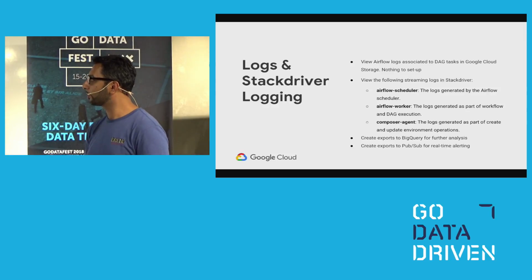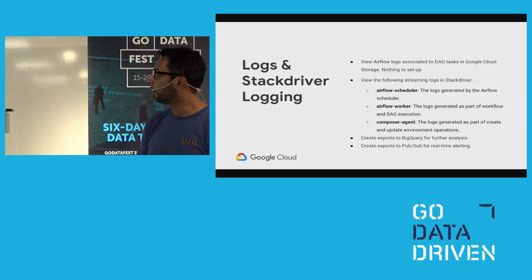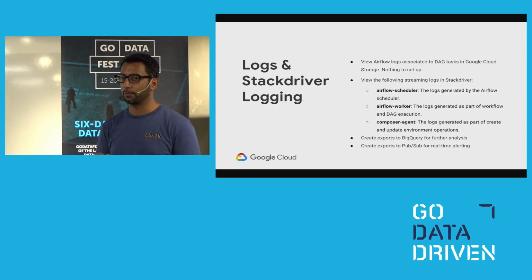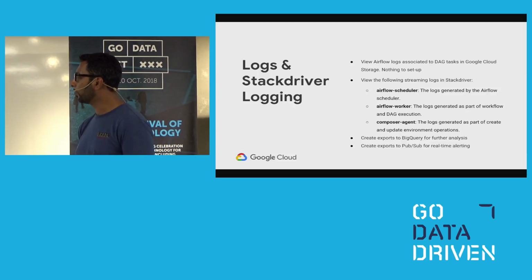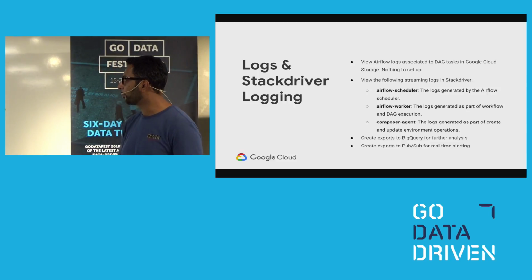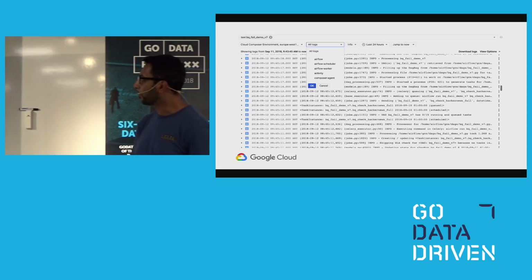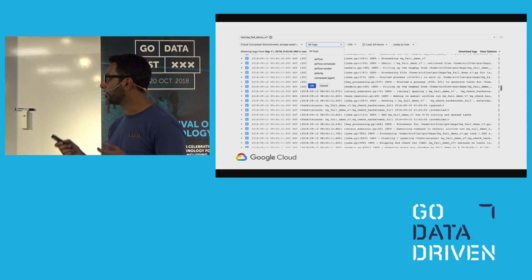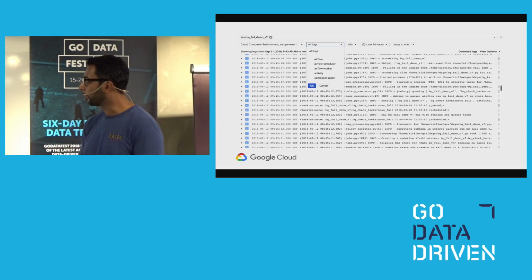Logs: we put all of the logs into Cloud Storage, and then we also stream using the Fluentd logger into Stackdriver, and we've separated all of those out so you can easily see the different types of logs. So you can see the Airflow scheduler, worker, etc., and see the individual logs.